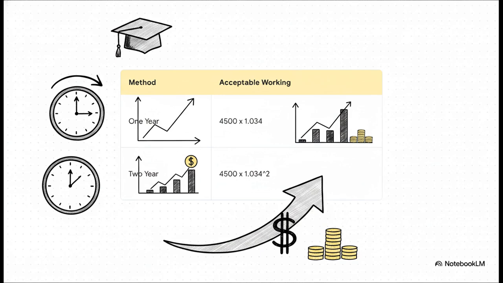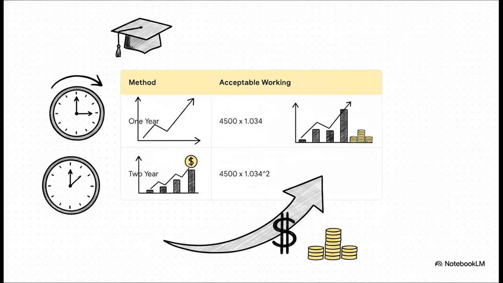Let's break down what the 1-year method requires on paper. To find the amount after 1 year, you take the initial £4,500 and multiply it by 1.034. Now, why 1.034? Well, because you're keeping 100% of your original money, plus adding that 3.4% interest. So 103.4% as a decimal multiplier is 1.034.